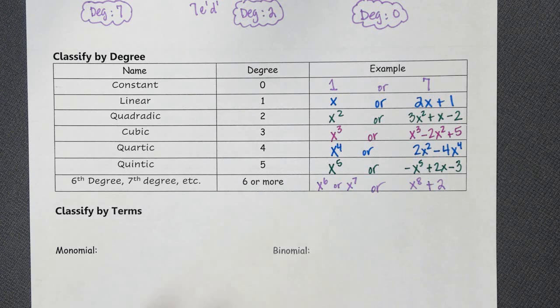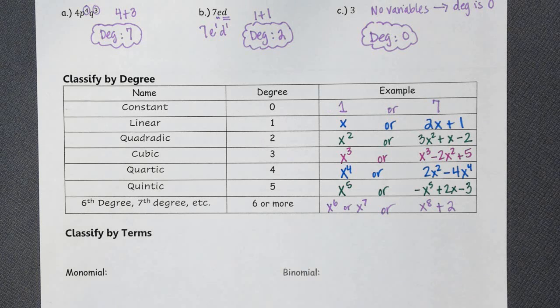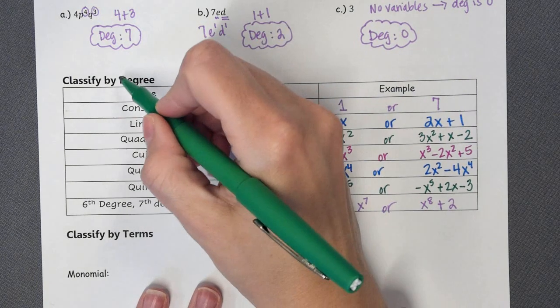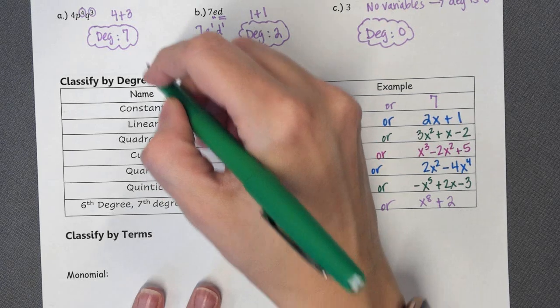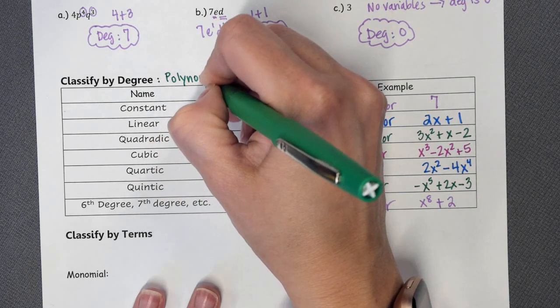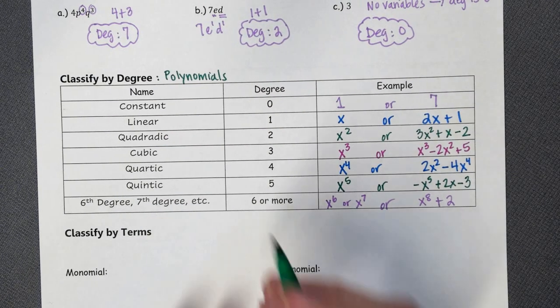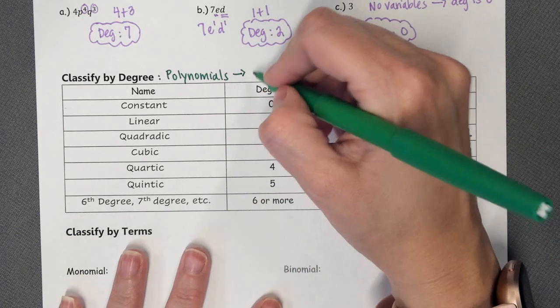So when you're classifying by degree, the important thing is that for polynomials, not monomials, but polynomials, the degree is the highest exponent.